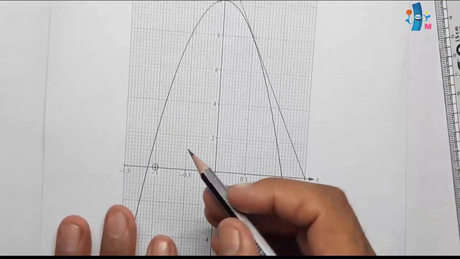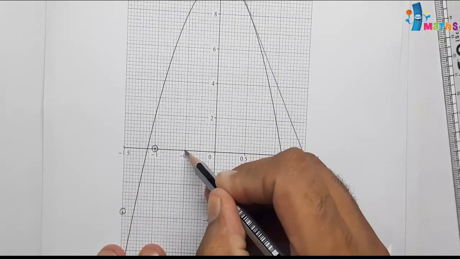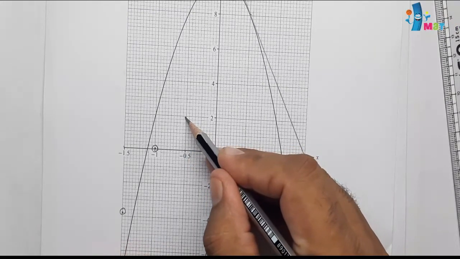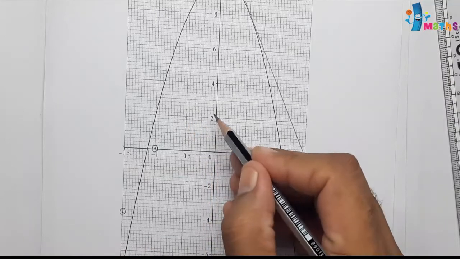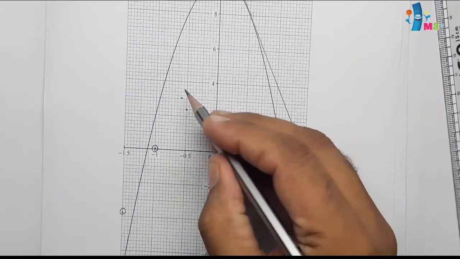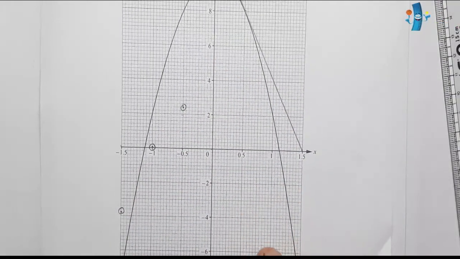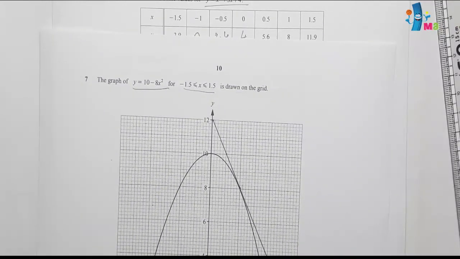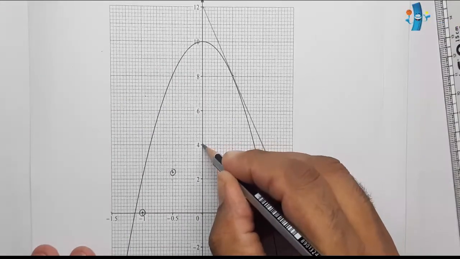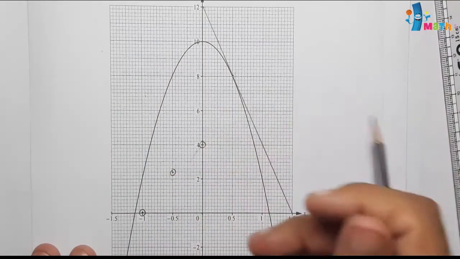So minus 0.5 is this one, and 2.4 will be over here. So we can circle this point as well. Then the next point is 0 and 4. So 0 and 4 is this point, so I will circle this as well.